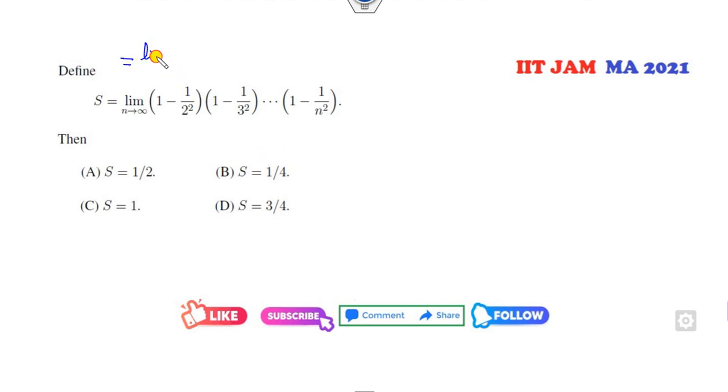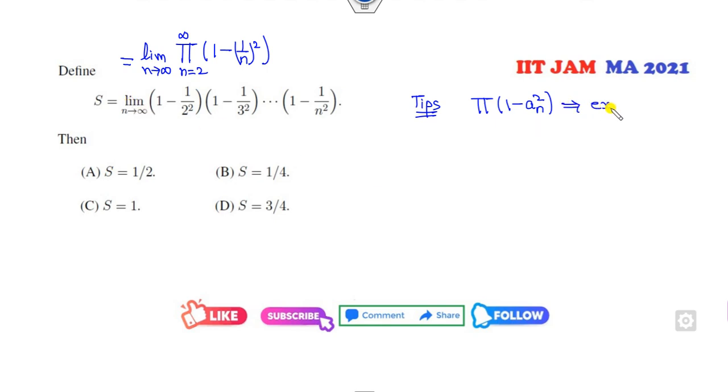This is the limit as n approaches infinity. I can write it as a product of 1 minus 1 over n square, n starting from 2 to infinity. Very simple. Always remember, whenever you have a function of this form, the limit exists when this is a convergent sequence.